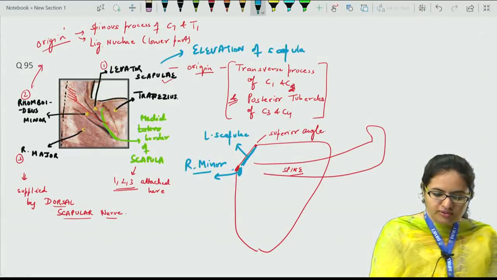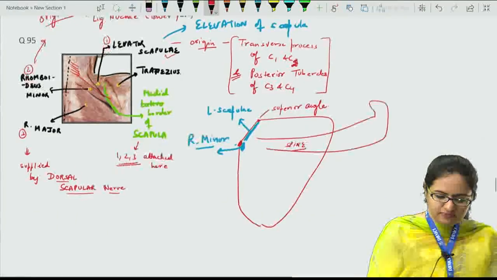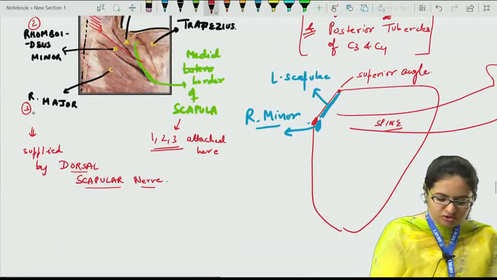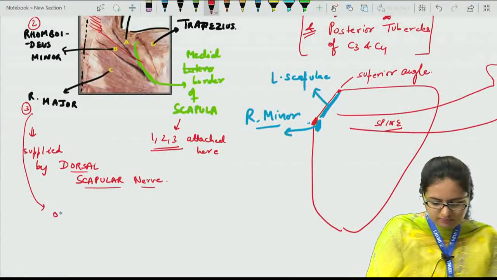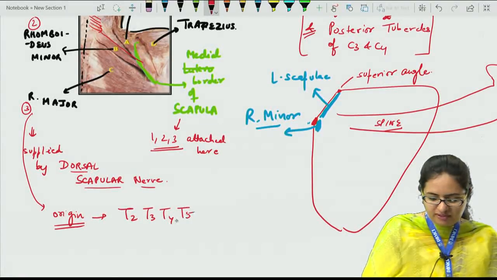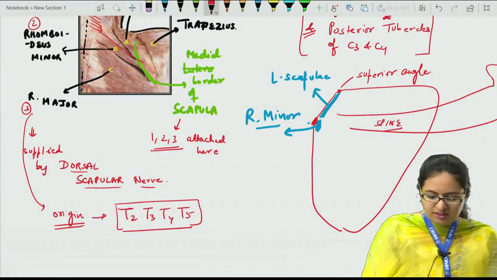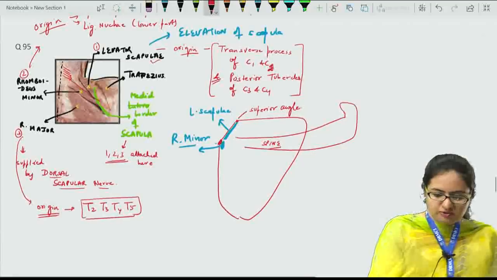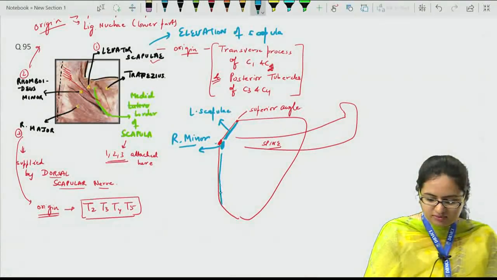Now when we talk about the rhomboides major muscle, the origin of the rhomboides major is from T2, T3, T4 and T5, that is the next four thoracic vertebrae, and the insertion of that muscle is just below this, over here.